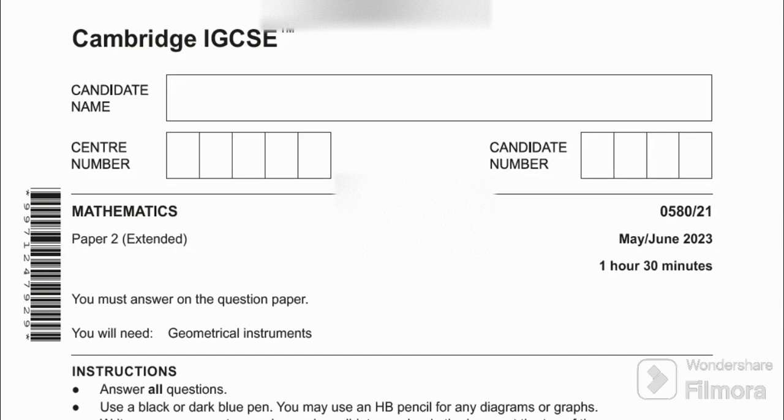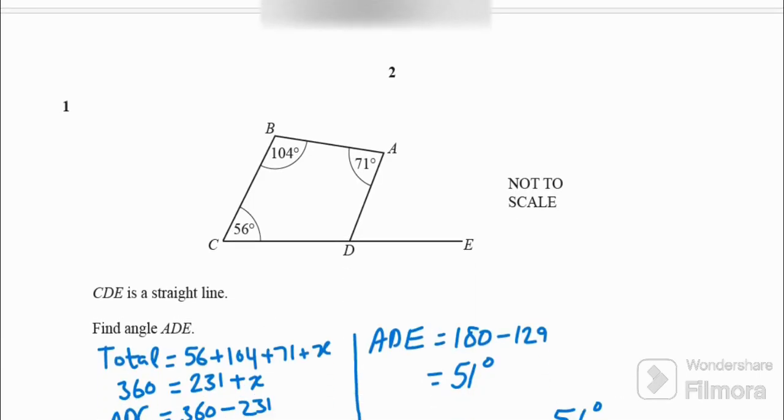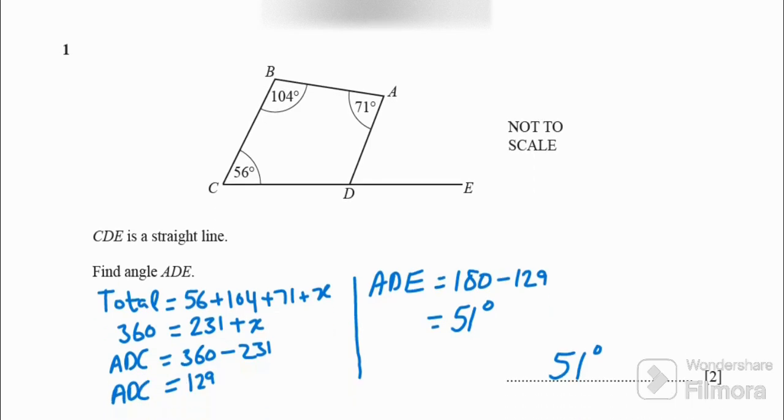So today I'll be explaining Mathematics Paper 2 0580 Paper 21 May June 2023. So first, question 1: CDE is a straight line. Find the angle ADE. Over here, what we will do is first find the angle CDA, which is 129.